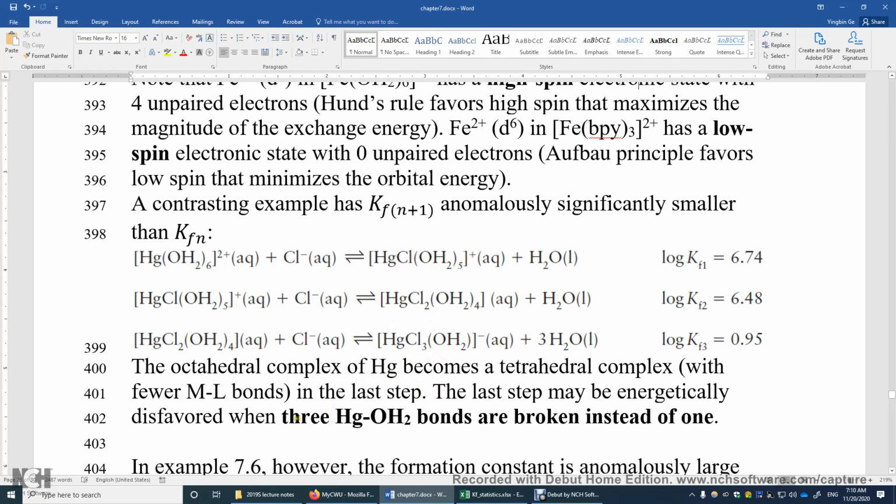And since you are breaking 3 mercury-oxygen bonds instead of just 1, energetically it's disfavored. You are breaking 3 bonds, and as compensation, you're forming only 1 mercury-chlorine bond. So that's why this Kf drops significantly.